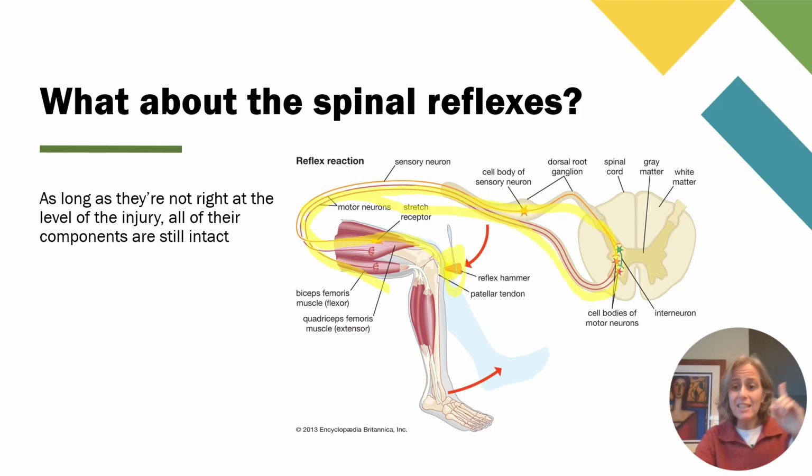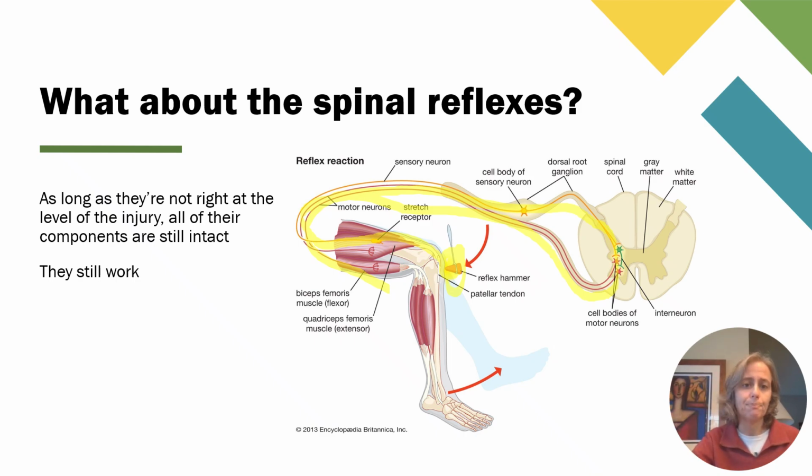There is no need to communicate with the brain, so the reflexes will still work. As we'll talk about later, they're often even exaggerated or more pronounced than in people who still have that intact connection with the brain. But they're still going to work because they don't require those communications up and down to and from the brain.